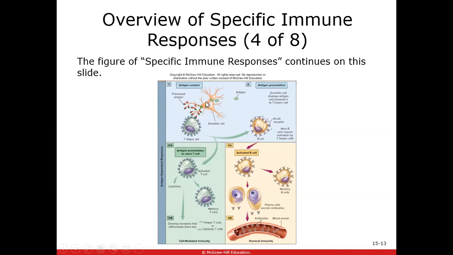So the antigen's engulfed, the dendritic cell breaks it down, takes little pieces of it, and presents them outside of the dendritic cell. Now, this T lymphocyte has a receptor to a specific antigen.